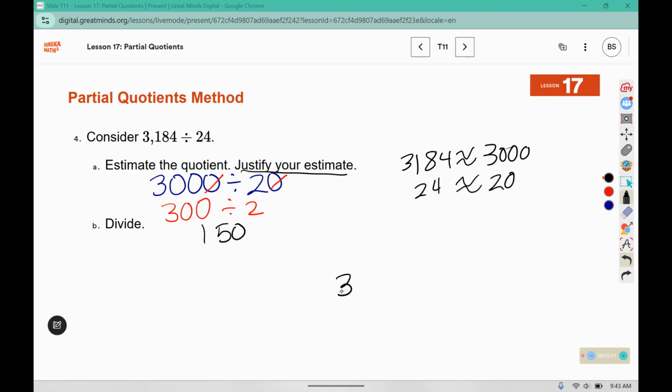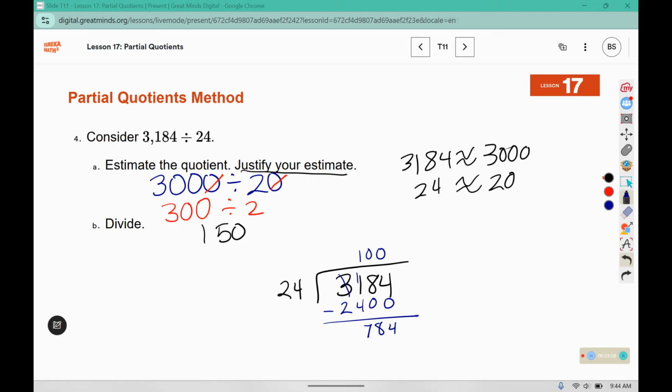Now we have 3,184 divided by 24. 24 can fit into 3,184 100 times. We'll have to regroup here. 11 minus 4 is 7.